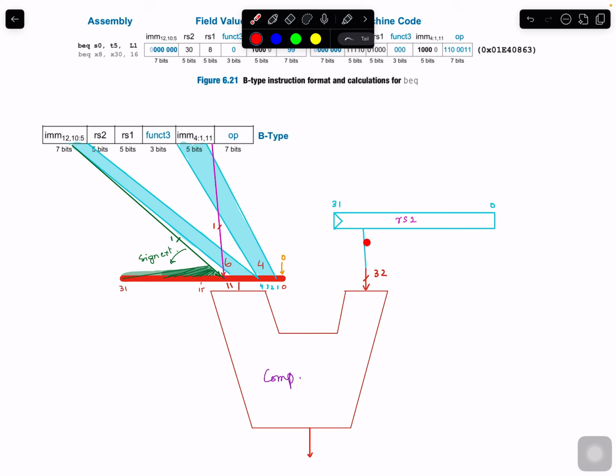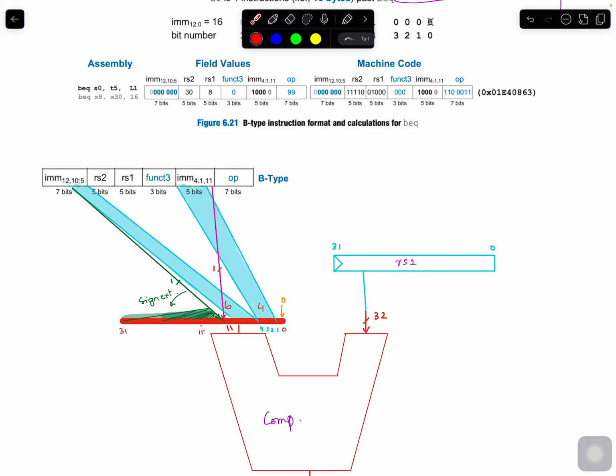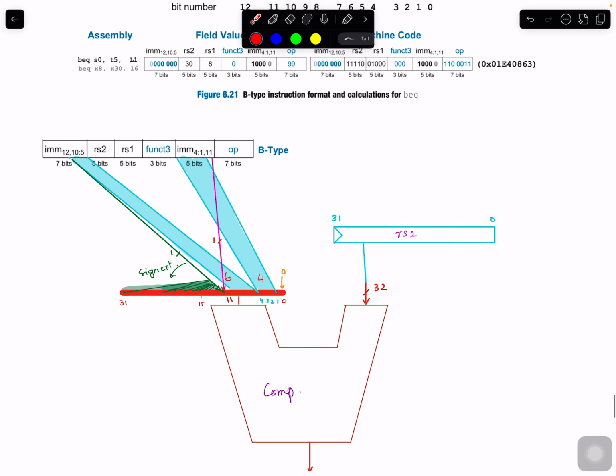One of them is coming from, actually in our case, this one. I think I did it totally wrong. We are comparing these two, and then this is the offset address.